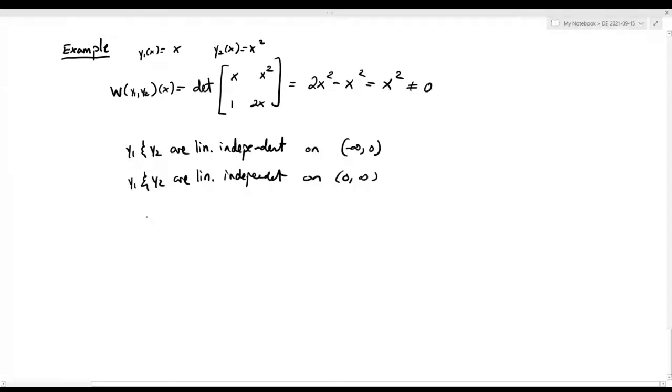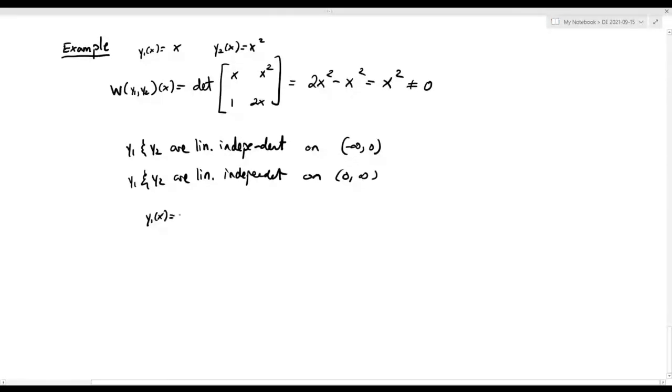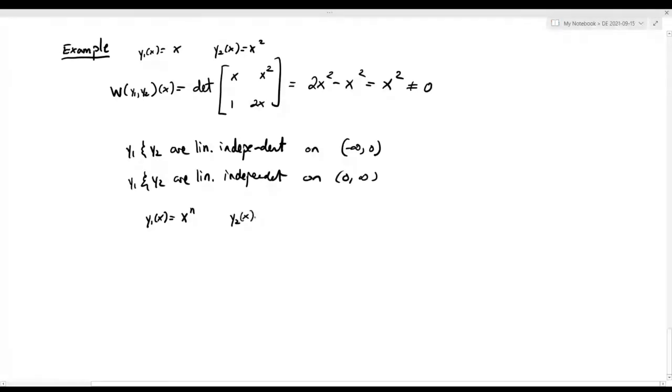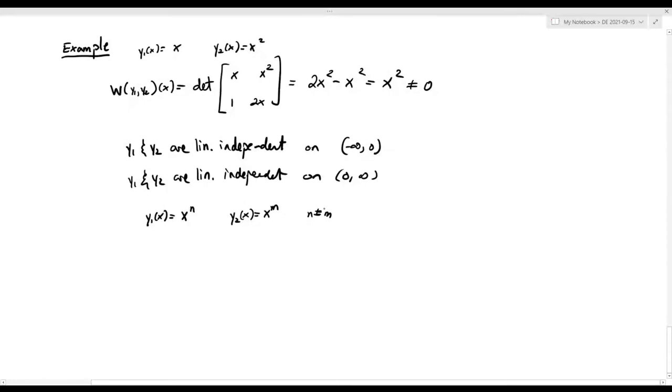Now, of course, we can very easily generalize this example. Suppose y1 is x to some power n, and y2 is x to some different power m. So n does not equal m. These are going to be linearly independent.